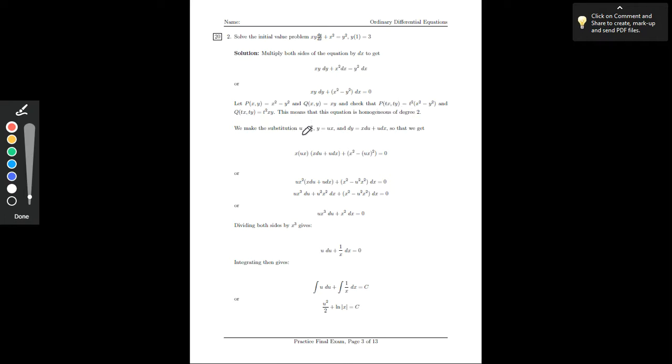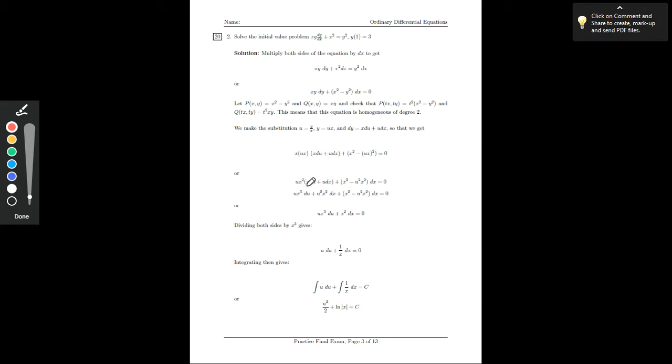Make the substitution u is y over x, y is ux, therefore dy is x du plus u dx. So what do we get? x times ux times x du plus u dx plus x squared minus (ux) squared times dx equals 0.